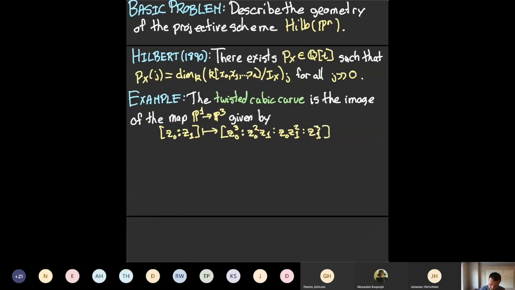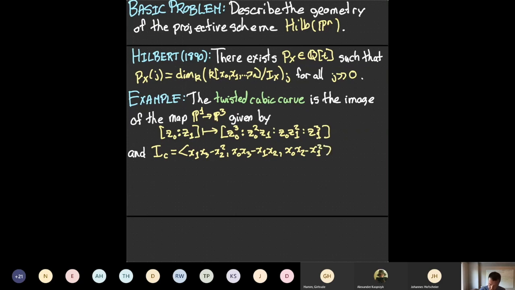So it has a very explicit description, and we can write down the well-known equations that cut this out in these coordinates. We get x1 x3 minus x2 squared, x0 x3 minus x1 x2, x0 x2 minus x1 squared.